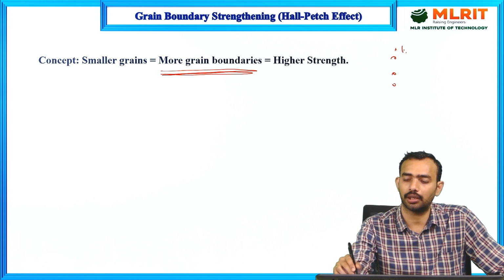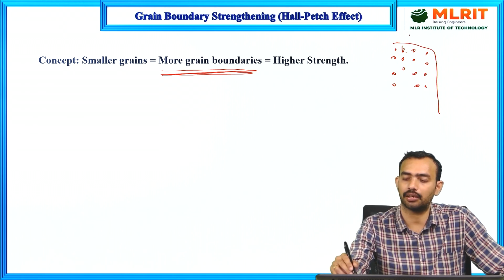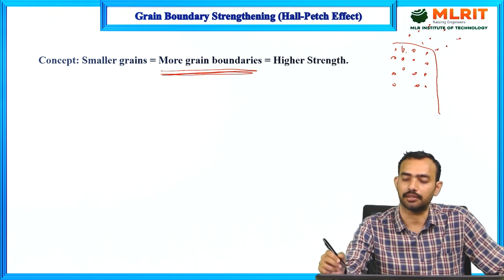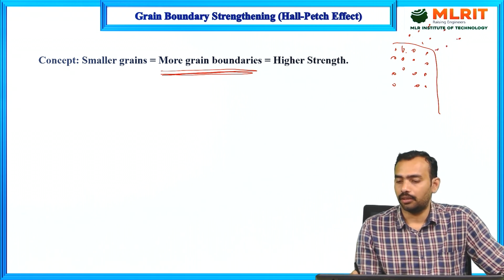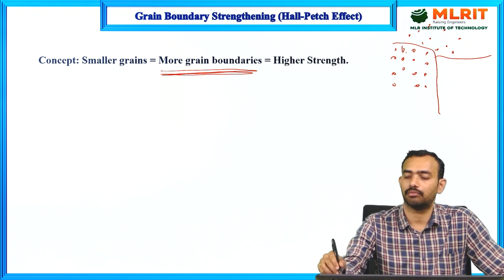So something like this. This is the extra plane of atoms, let us say. Let us say this is the boundary, and this is another grain, and we consider this is another boundary.